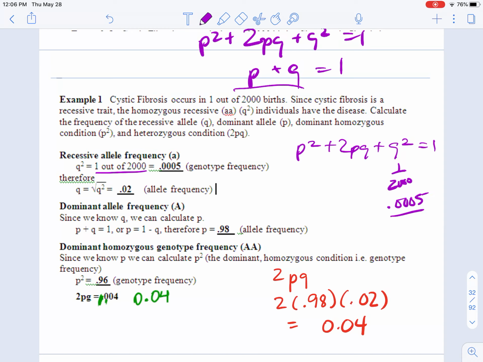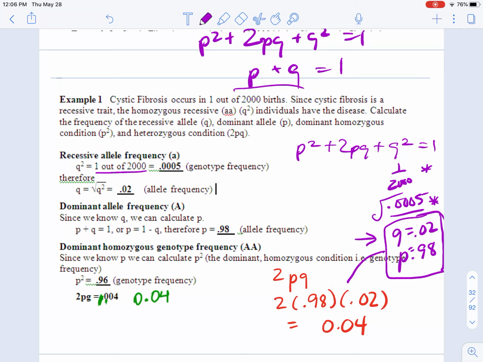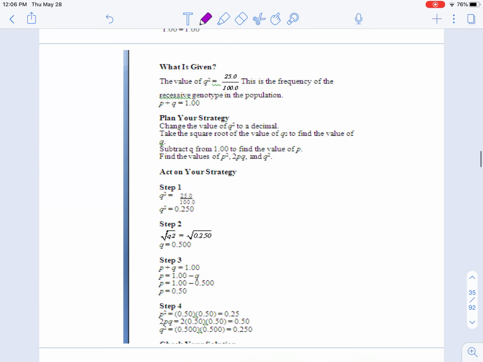And when you put it in there, it's this really, really tiny number, and you still have to square root that q squared. So you have to put it in your calculator first, get your q squared, then you have to square root that q squared, and you're going to get a q of 0.02, which is a p of 0.98, because in human conditions, it's often a very small number that have it. So that q recessive allele frequency is really, really tiny. Then you can go and find your 2pq, which they're asking you for, 2 times p times q, and get your final answer of 0.04.